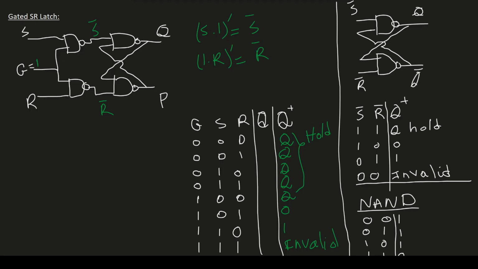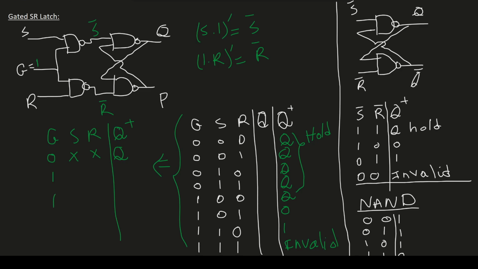So that's it. We can rewrite our state table in a simplified way. We have G, S, R, and then the next state is Q plus. So first, when G is 0, we don't care what S is and what R is. We will always hold the previous state of the system.